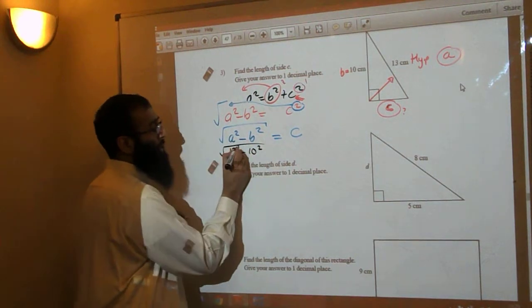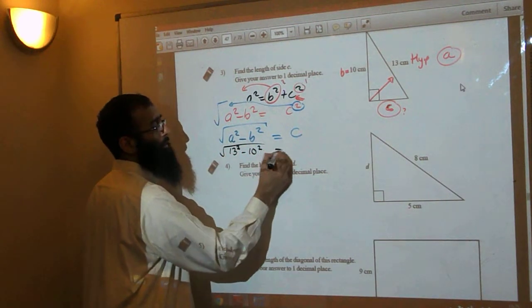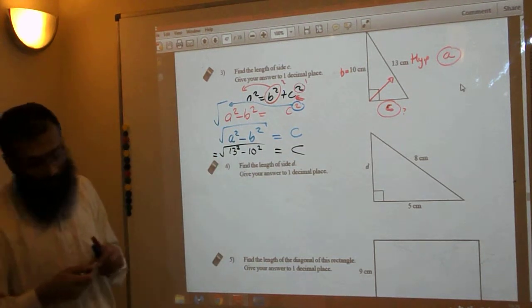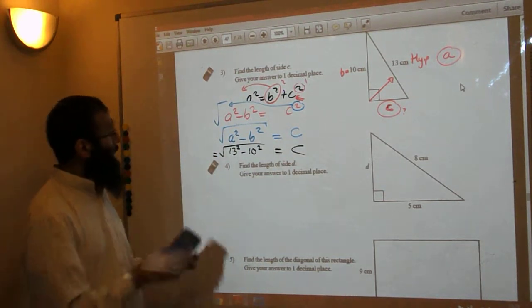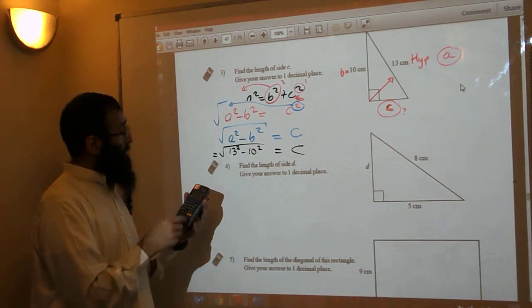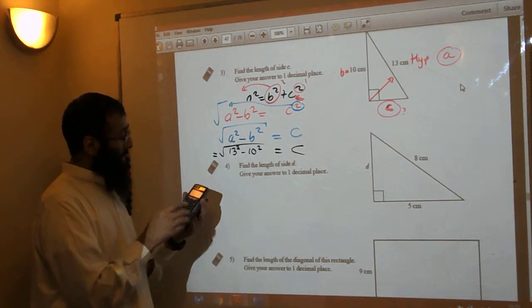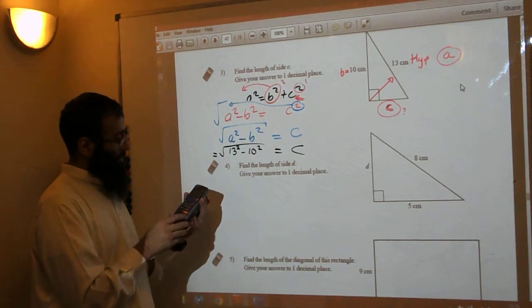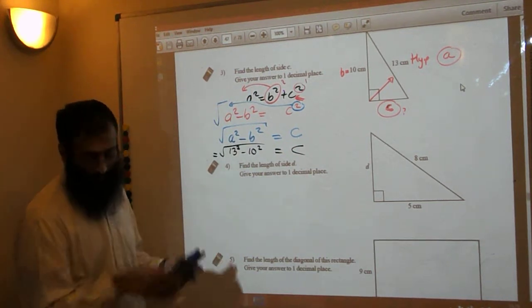We need to put that into our calculators, and that will give us the value of C. So folks, put that in your calculator as you see it over here. Square root of 13 squared minus 10 squared equals root 69.